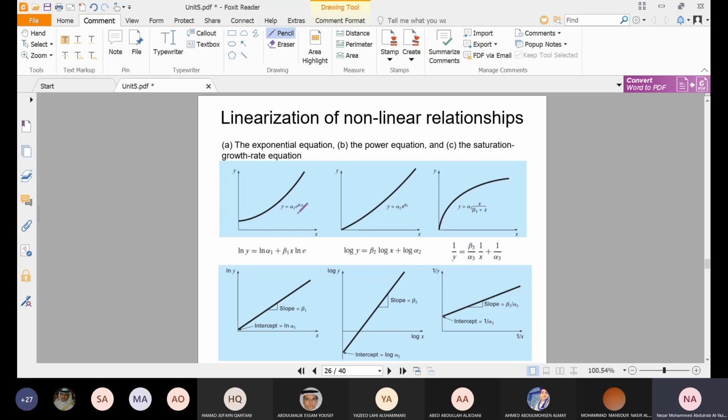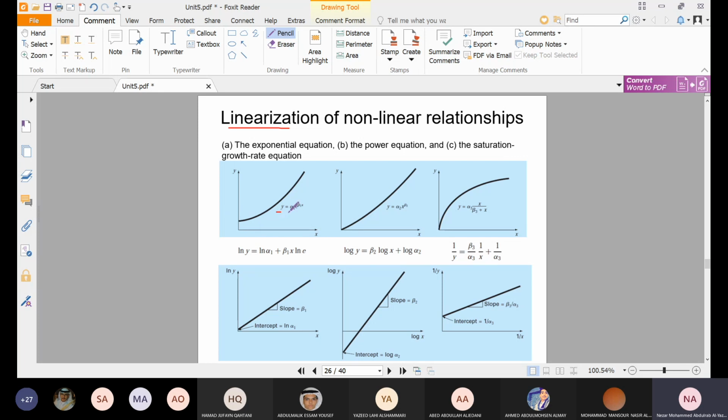Look here, if we have an exponential relation between the input and output, y equals alpha 1 exponential power beta 1 x, and the relation between the data that we have, x and y, is exponential. So one way to linearize this equation is to apply the anti-exponential.